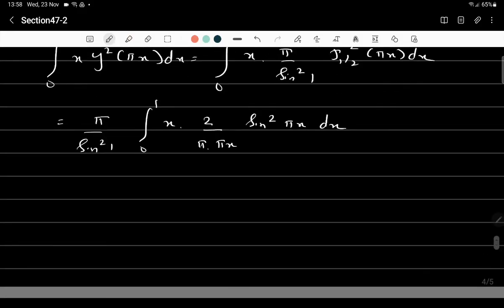Now pi would cancel out, and if I solve it further, then it simply becomes 1 by pi sine square 1, integral from 0 to 1, and this x would also cancel out, and sine square pi x can be written as 1 minus cos 2 pi x, dx.